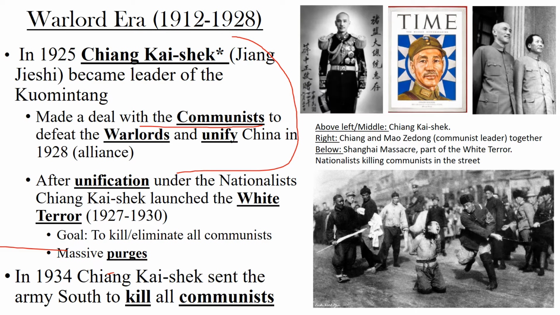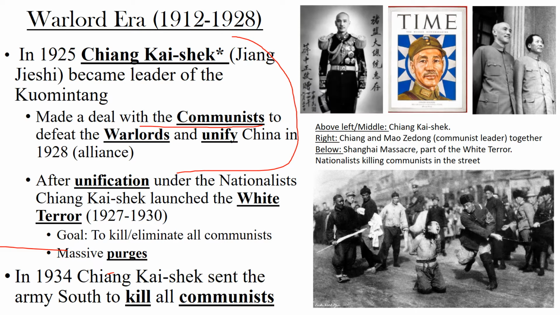And he's like, the nationalists aren't strong enough to crush these warlords by ourselves. The communists aren't strong enough to crush the warlords by yourselves. But together, we can defeat these warlords, unify China in this military alliance, and then we'll hold an election and we'll see where the people want to go with us. We'll have a democracy, a communist party, and a nationalist party.